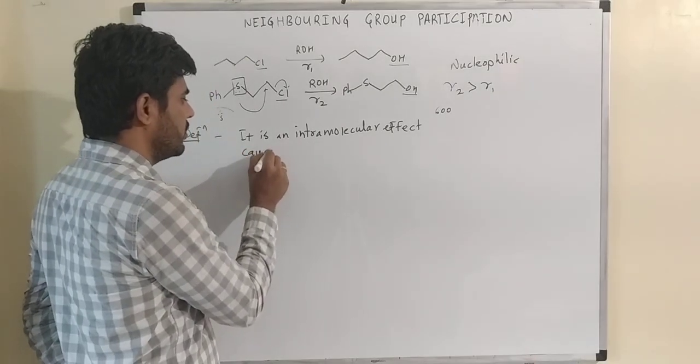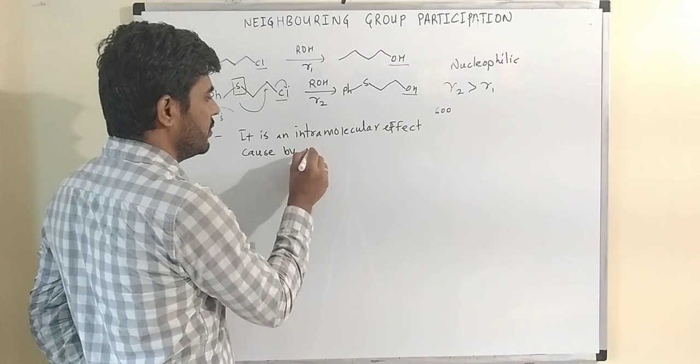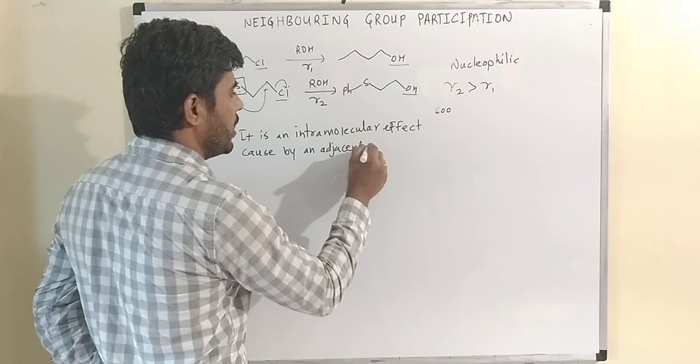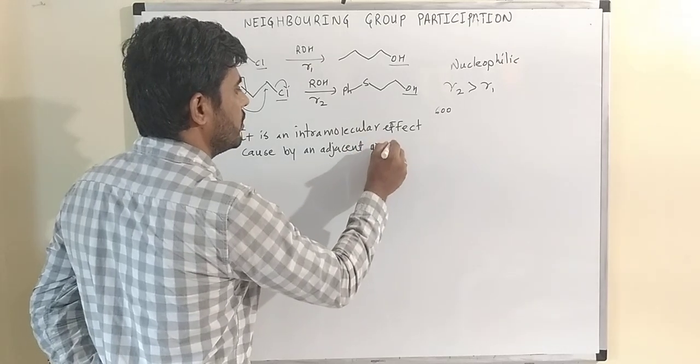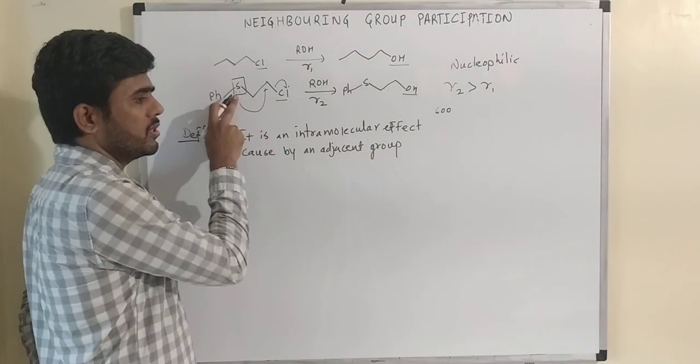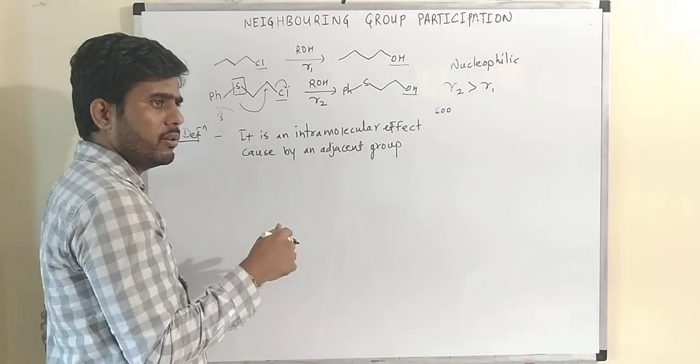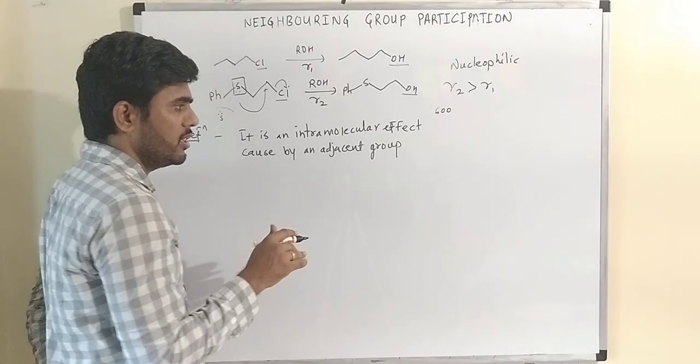which is an intramolecular effect caused by an adjacent group. In this case, the adjacent group is sulfur, which may have lone pairs of electrons, which may have pi bonds, which may have a single bond also.